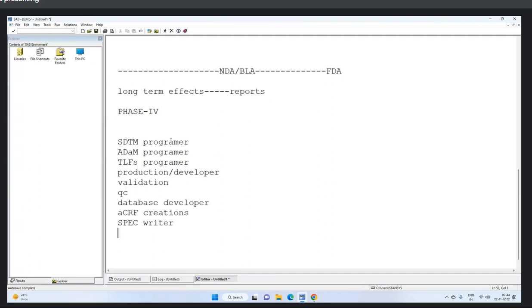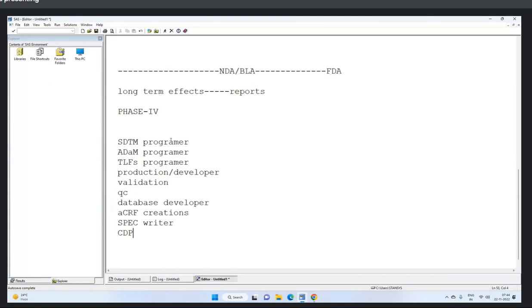So now we have a new concept called CDP, clinical data processing. So these are the positions that we have for a clinical SAS programmer.